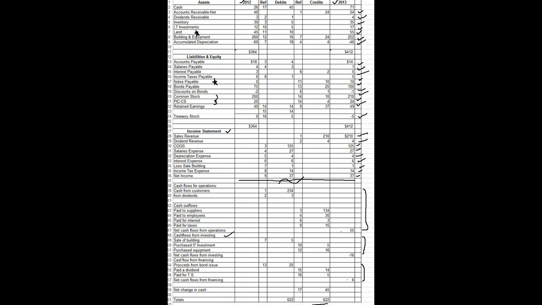If it related to operations, it was placed in the operating section. If it related to other assets, it was placed in the investing section. And if it related to debt or equity other than current liabilities, it was placed in the cash flow from financing activities section.